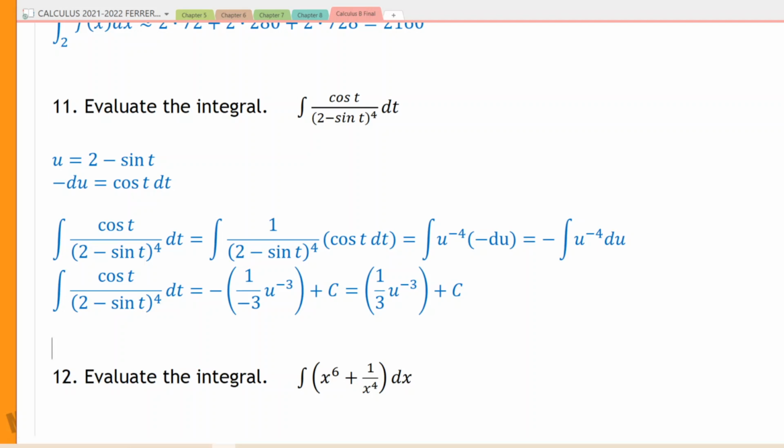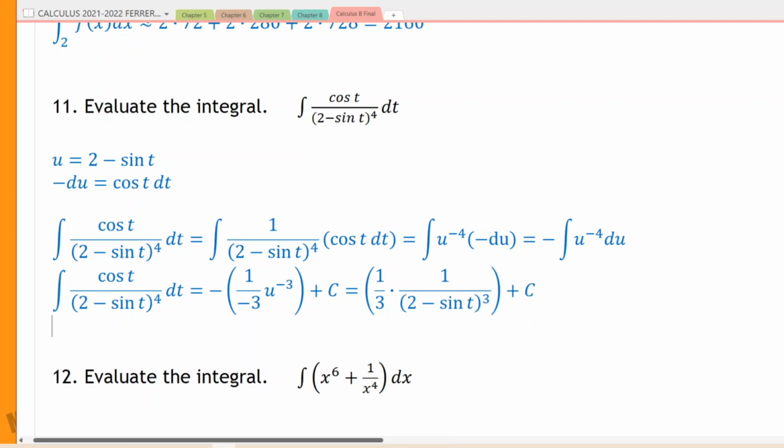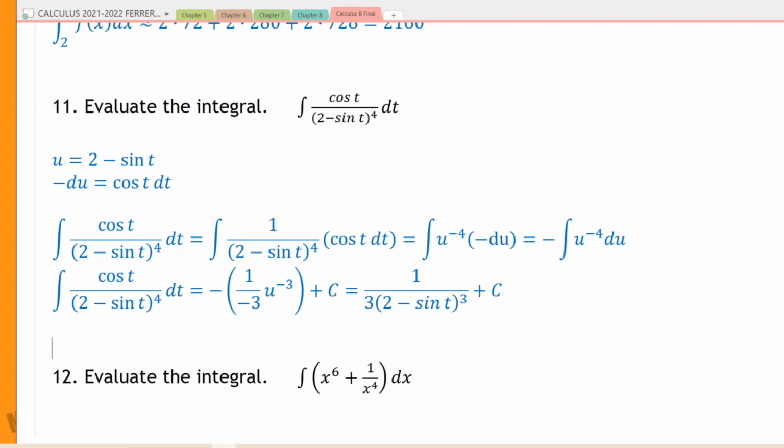We'll simplify that, and then we'll substitute back for our u. Our u was 2 minus sine t. And then just a little cosmetic thing: we don't need the parentheses, and we can carry through the multiplication to the denominator. And that completes our problem, number 11.